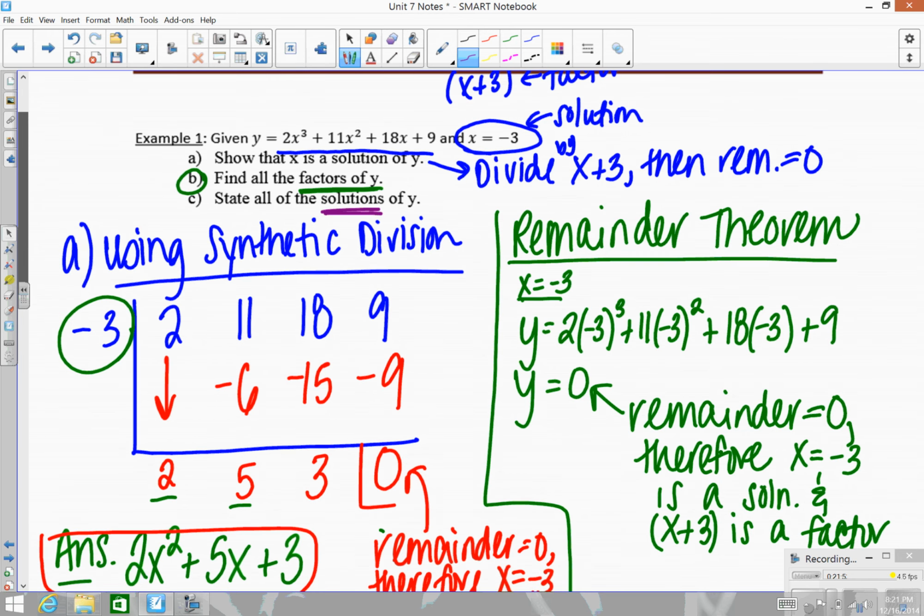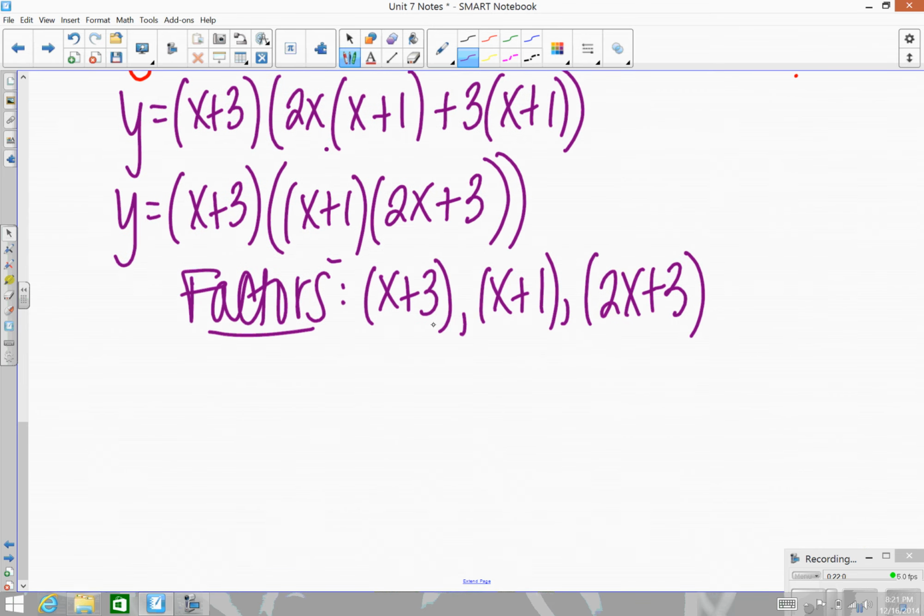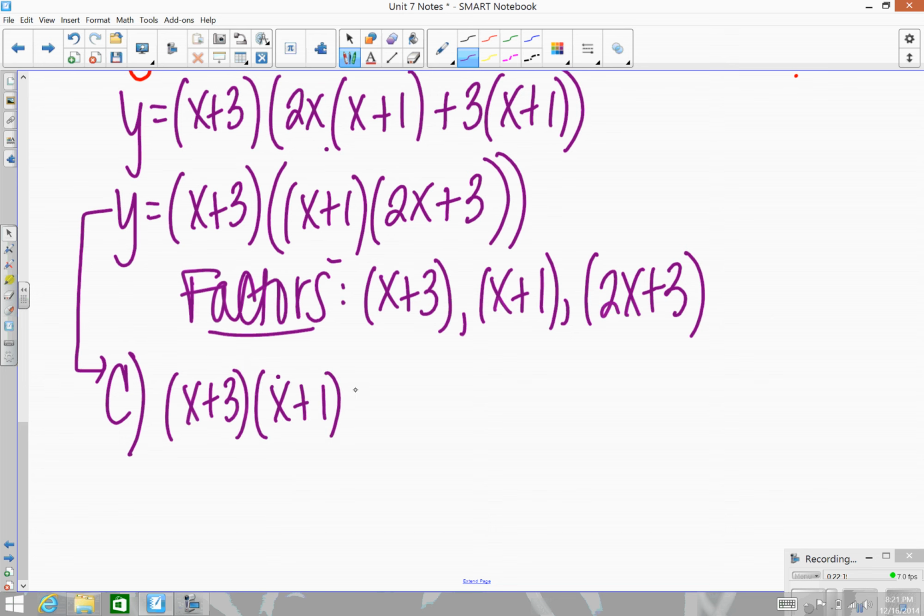The solutions mean take your factors, when they're all multiplied, set them equal to 0 and solve. These are my factors, this is the equation in factored form. So for part C, you take your equation, set it equal to 0 and solve it: x plus 3, x plus 1, 2x plus 3 equals 0.